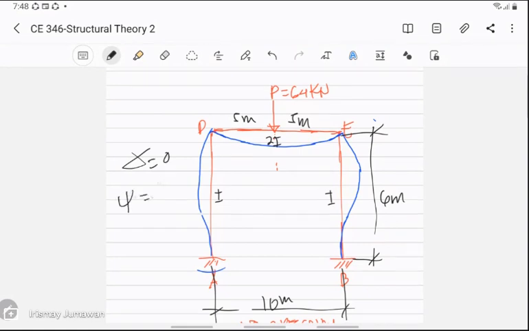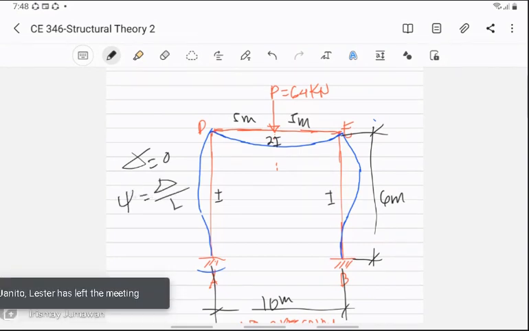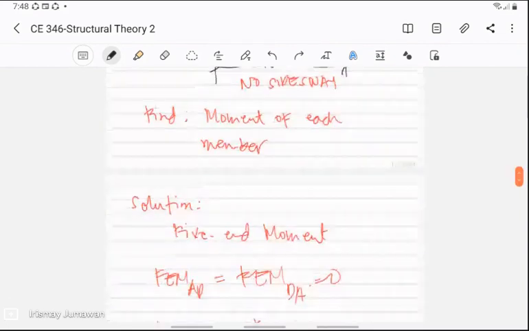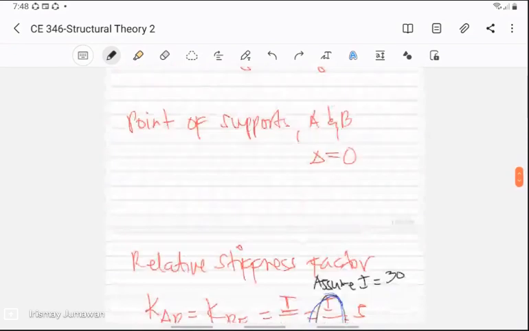So your psi, that is delta over L, is also equal to 0 because we don't have a displacement. Again, there's no displacement because the load is on an axis of symmetry.